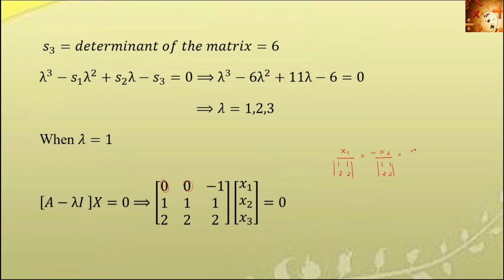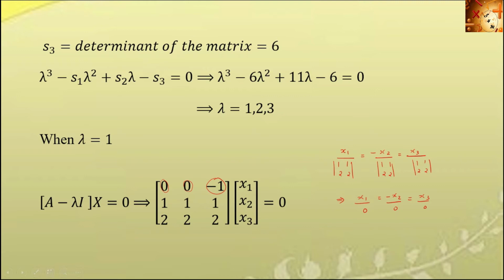That is equal to x3 divided by, for x3 deleting the corresponding row and column, also we have [1, 1; 2, 2]. This implies x1 divided by 0 equals minus x2 divided by 0, that is equal to x3 divided by 0. So here the denominators are all 0, so this gives only the trivial solution.